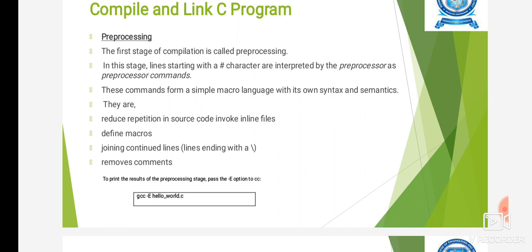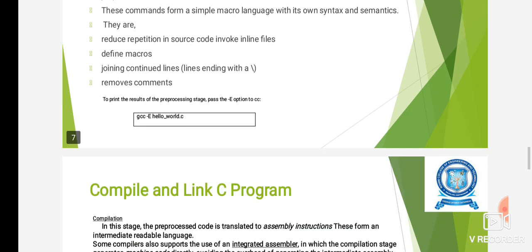These commands form a simple macro language with its own syntax and semantics. It can reduce repetition in the source code, include files, define macros, and join continued lines. And it removes the comments. So this is a simple example for preprocessing.